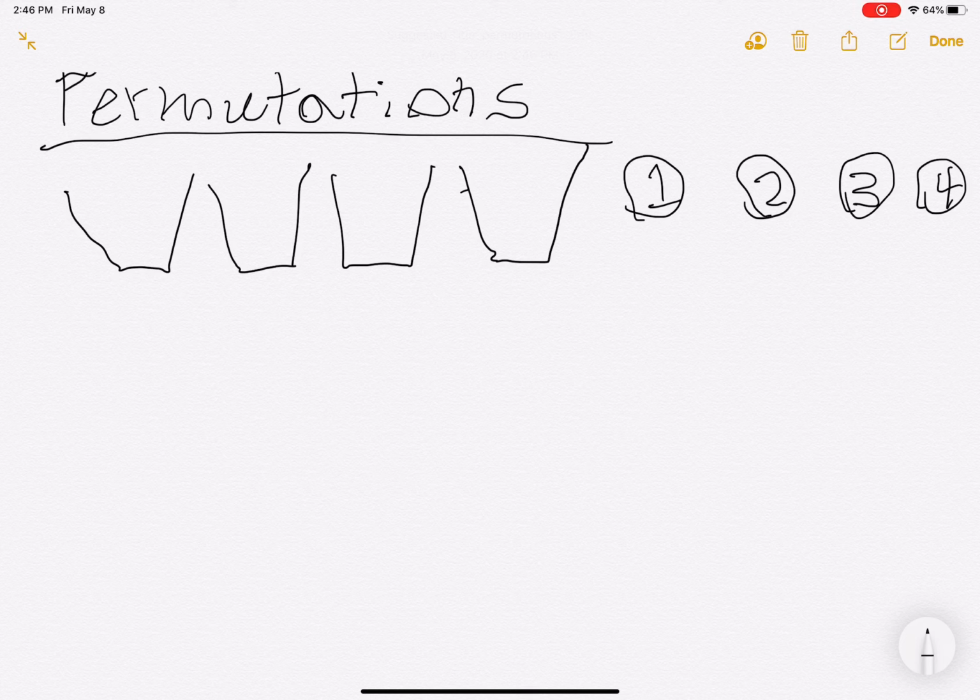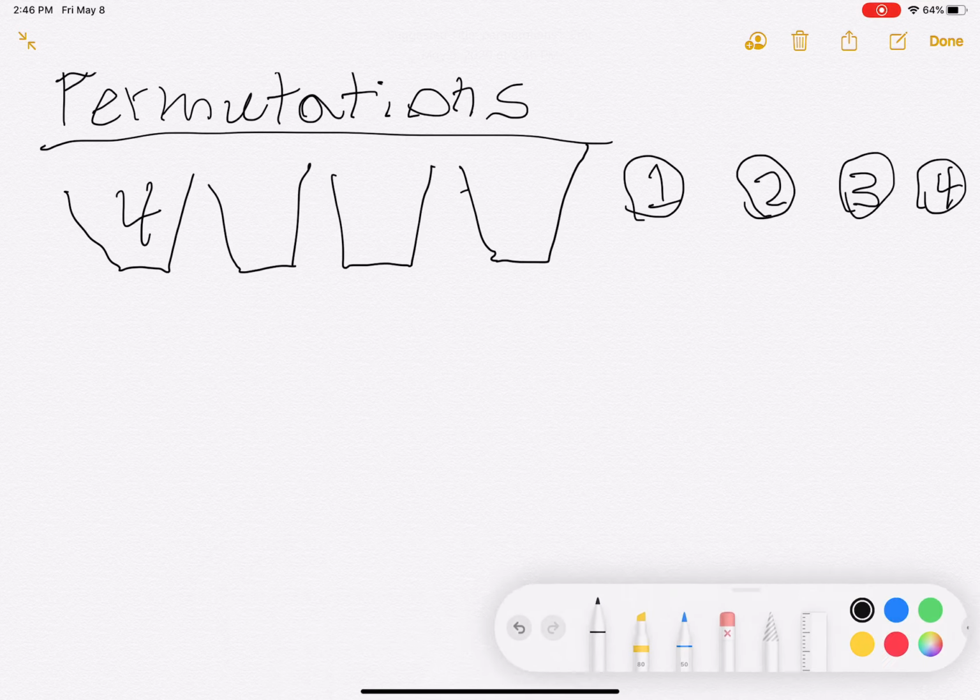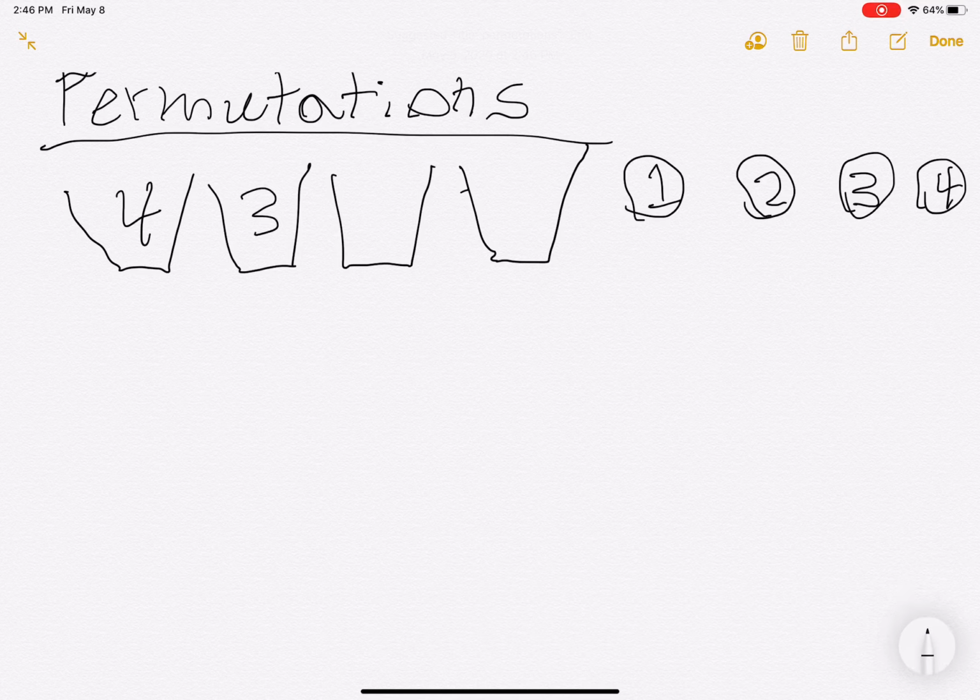Here in this first cup, there are 4 possibilities, right? We have four available balls. So 4. Here, one of these 4 slots is taken, so now we only have 3 in this one, and so on and so on.